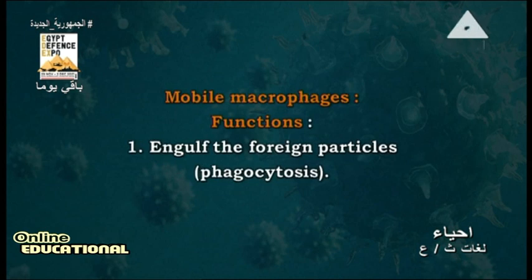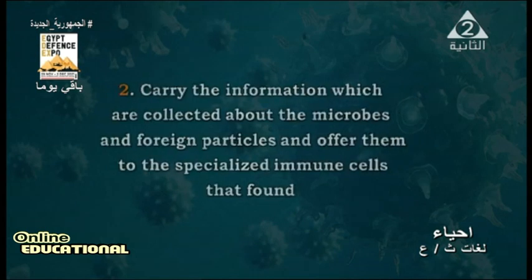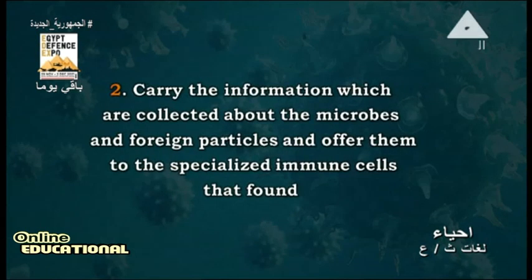Okay, what is the mobile macrophage? The mobile macrophage engulfs the foreign particle by phagocytosis. It also carries the information collected about the microbes and foreign particles and offers it to specialized immune cells.